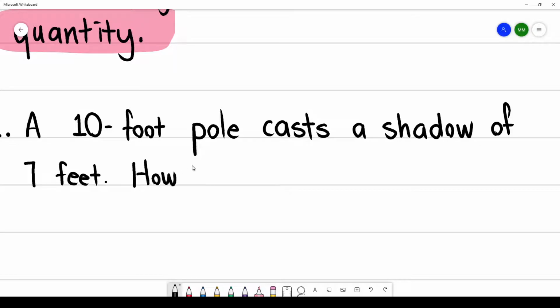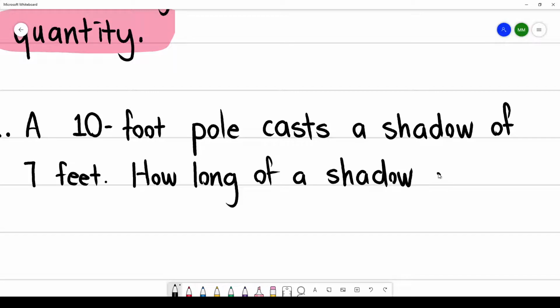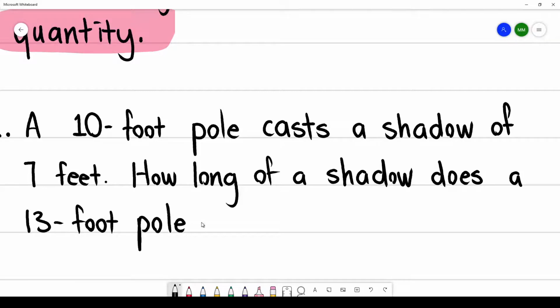How long of a shadow would a 13-foot pole cast?